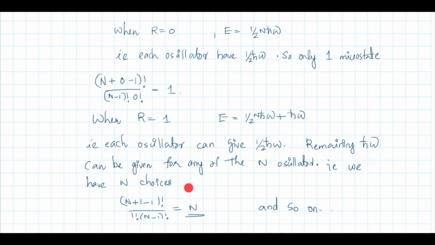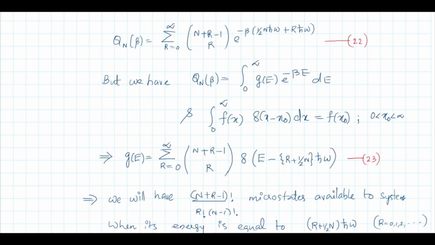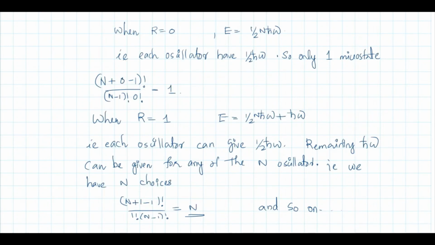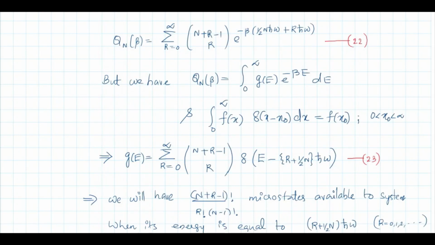We can substitute here for R equal to 1, then this becomes n factorial by n minus 1 factorial, that is exactly n. In a similar manner you can proceed, and you can clearly say that when energy E equal to R plus half n h cut omega, there will be n plus R minus 1 factorial by R factorial into n minus 1 factorial number of microstates. For any other value of energy, the number of microstates will be 0. Here R can take values 0, 1, 2, 3, etc.